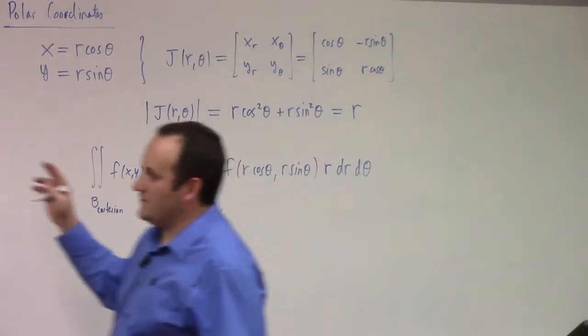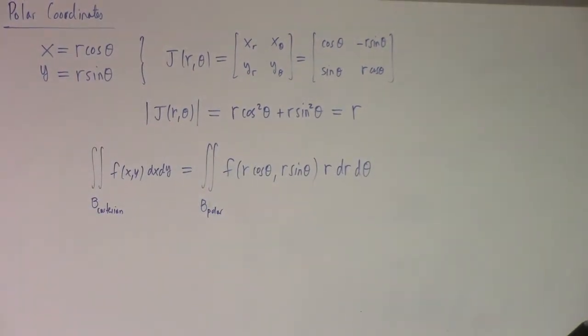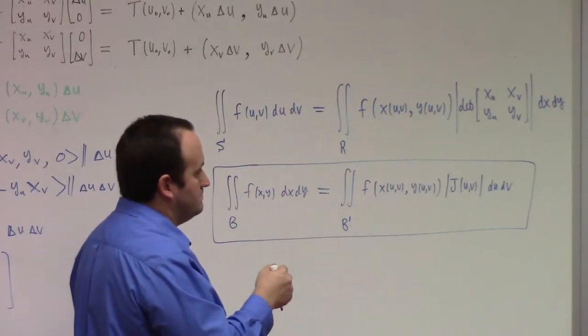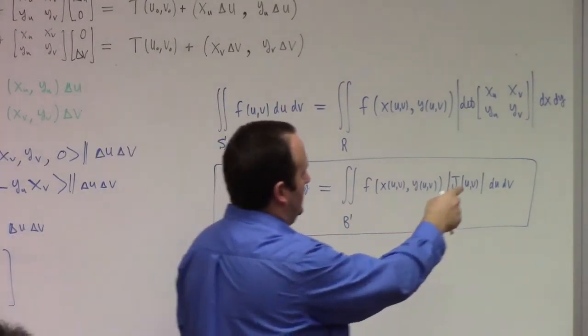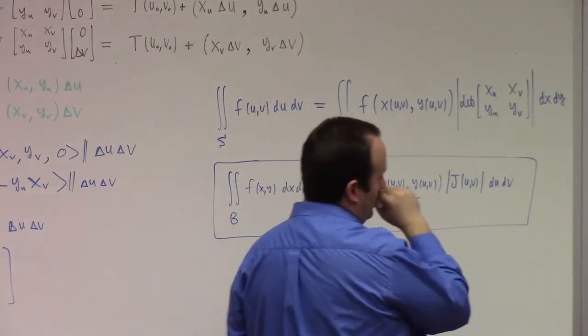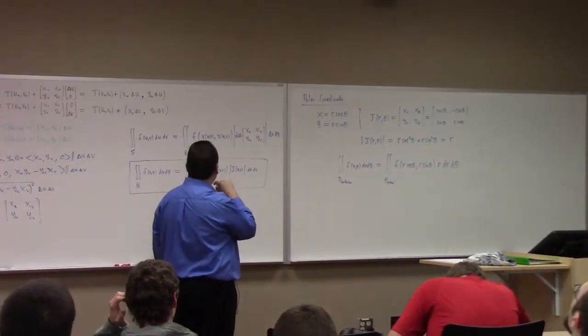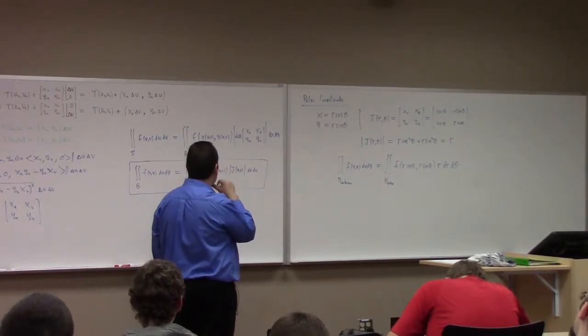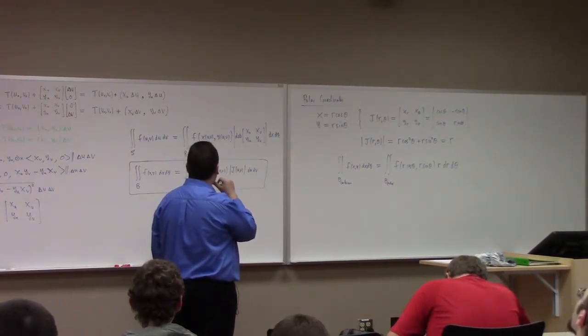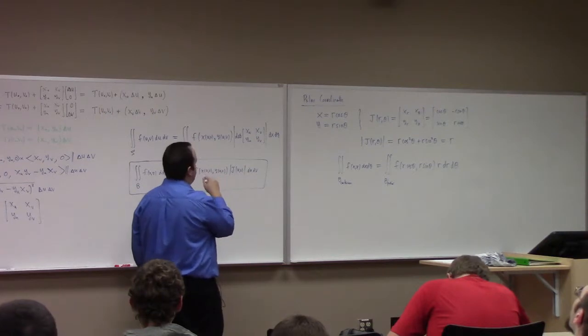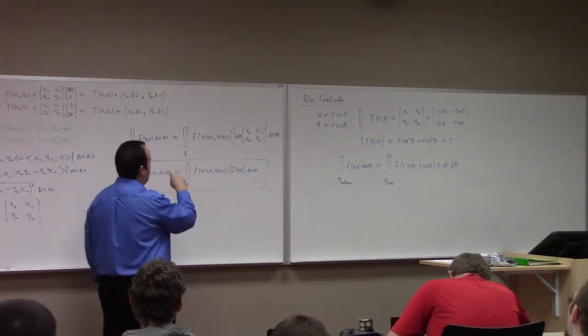Let me think about this for a second. Clearly the roles of u and v and x and y are flipped over, right? The top would be f of x of u, v.